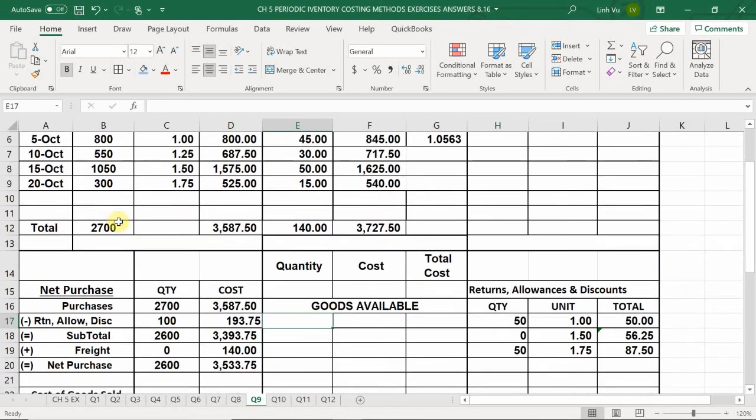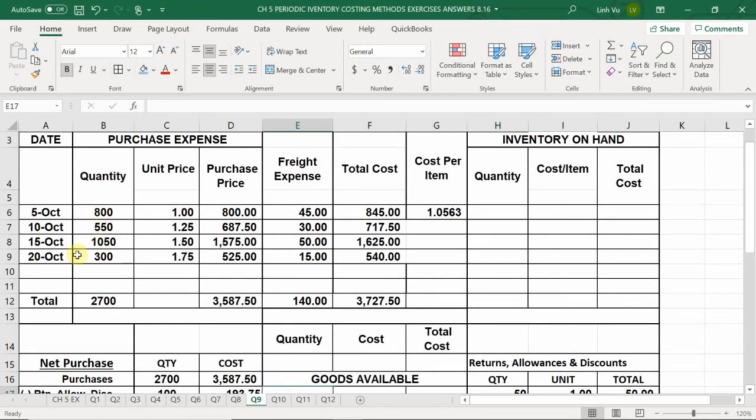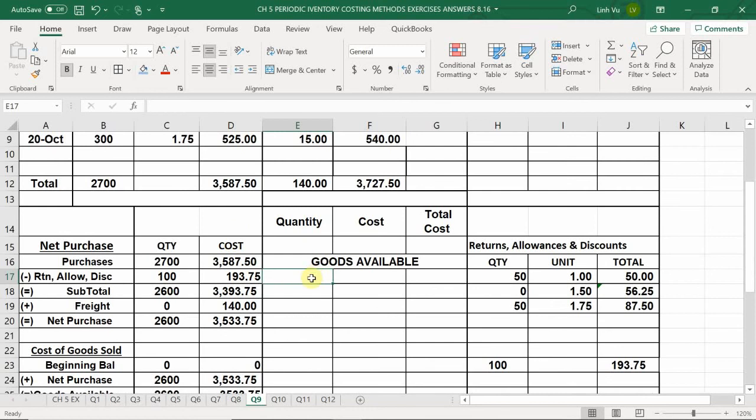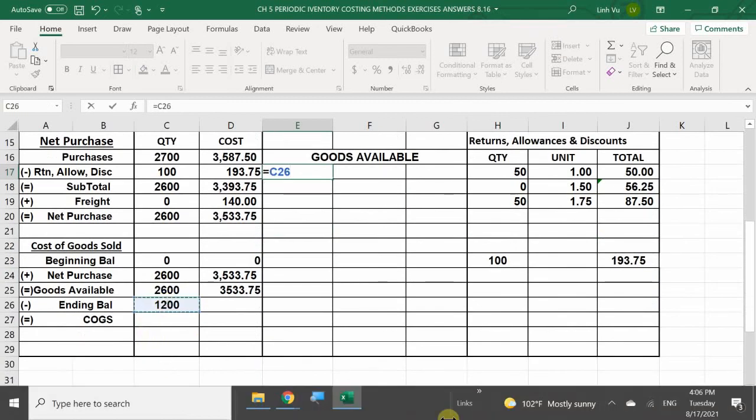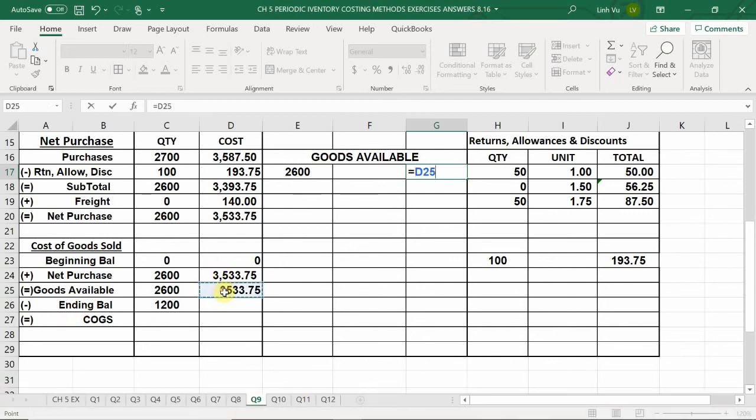Even if we took 800 minus 50, that's 750, and 300 minus 50 gives you 250, at the end of the day, you're still going to get a total quantity of 2,600. And you're also going to get a total cost of $3,533.75.